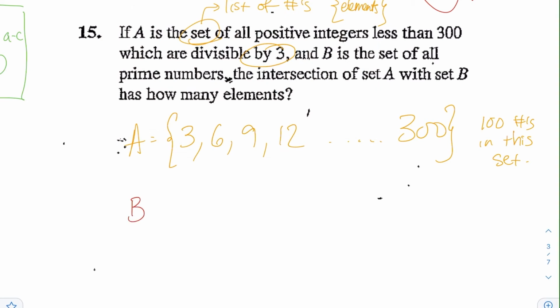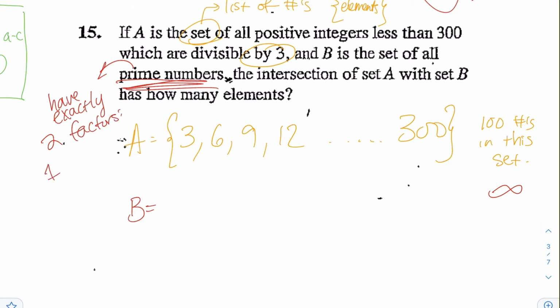Now for set B, it's a little different. Set B has all the prime numbers, and you have an infinite number of prime numbers. So this set will go to infinity, but prime numbers have exactly 2 factors. So the 2 factors are just 1 and itself.